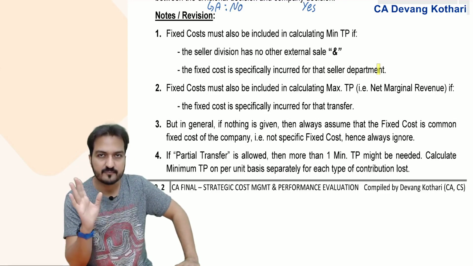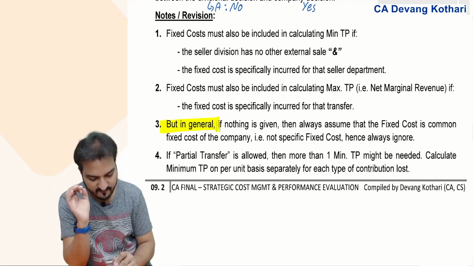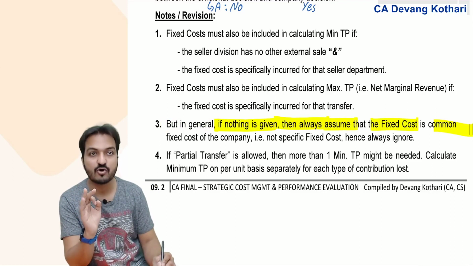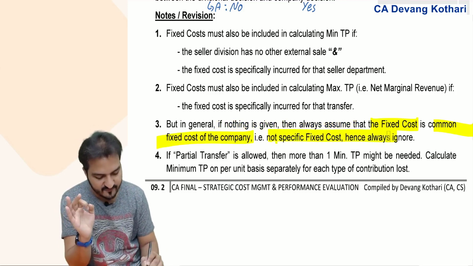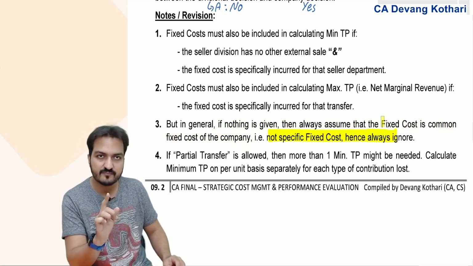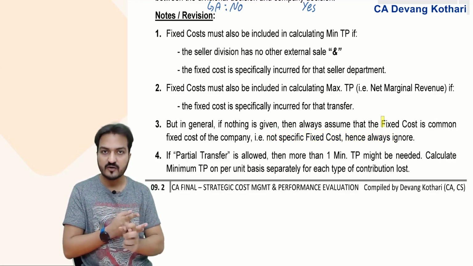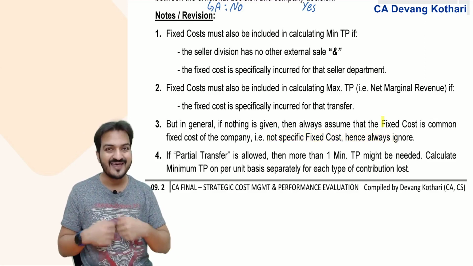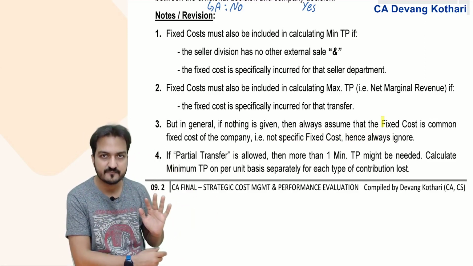But in general, a general assumption is that if nothing is given, then always assume that fixed cost is common fixed cost. Common fixed cost of the company, not the specific fixed cost of any division. And if it is not specific to any division, you have to ignore it. Why? Because whether transfer is done or not, whether division A is existing or shut down, in any case, common fixed cost of the company will remain common, it will not change.